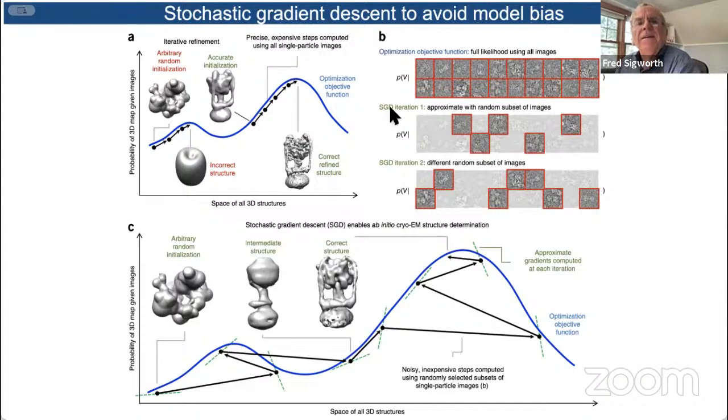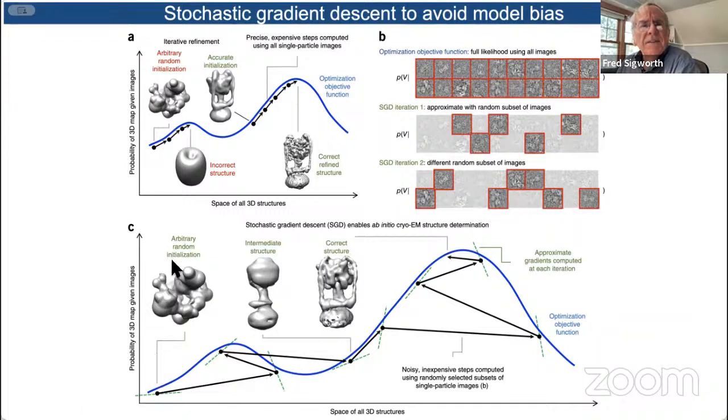So the idea of stochastic gradient descent is instead of computing the likelihood on your entire data set, we're going to pick one random subset of the images and take a step, and then we'll take another random subset and we'll take another step.